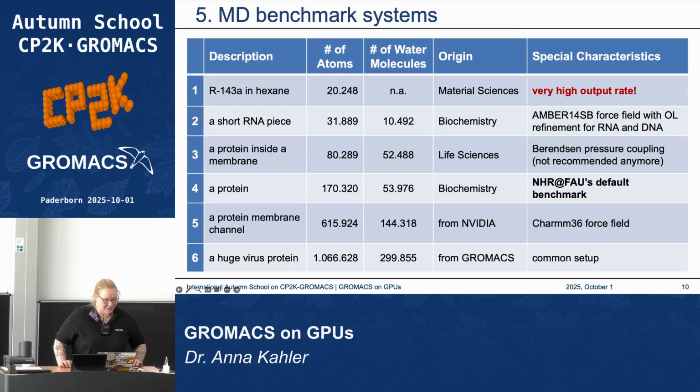I'm just going to go on. What I normally use as benchmarks are these 6 types of systems. We took the first 4. We asked some users if we could use their systems to benchmark them. So we have real-world benchmark systems, not artificially set up systems that don't use any outputs or have some settings that no one else uses anymore just because they run fast.